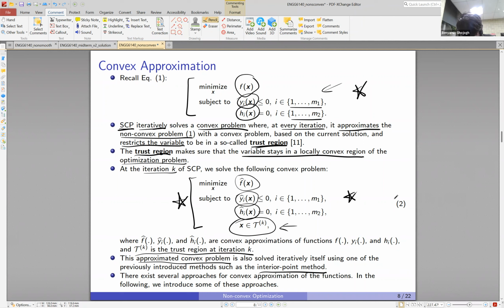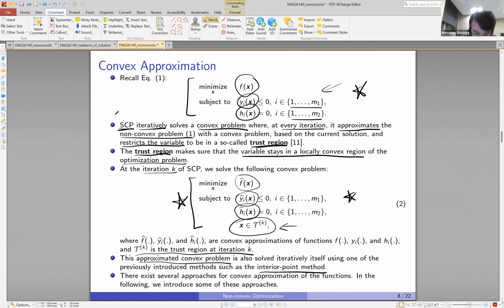An interesting thing is that in SCP, we are doing it iteratively, and at each iteration we have to solve equation 2. It means that we have a nested loop.